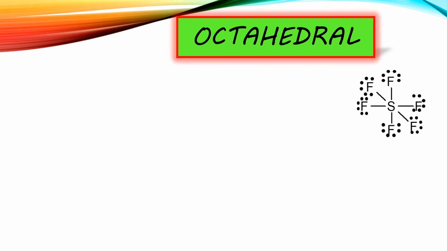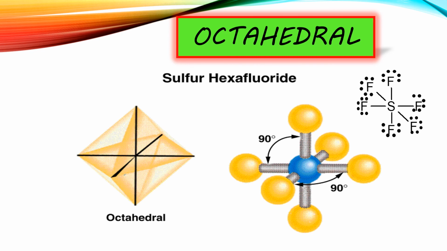The last molecular geometry is octahedral. Octahedral is formed when the central atom has 6 bonding pairs. For example, sulfur hexafluoride, where sulfur is the central atom and fluorine is terminal. As you can see from the Lewis structure, sulfur has 6 bonding pairs.